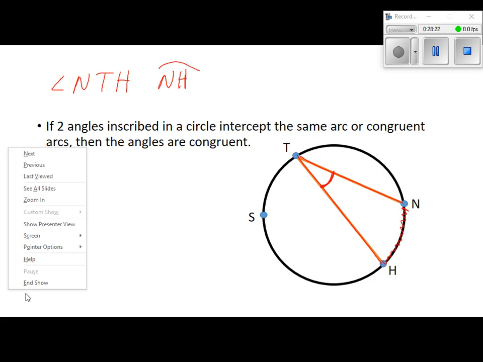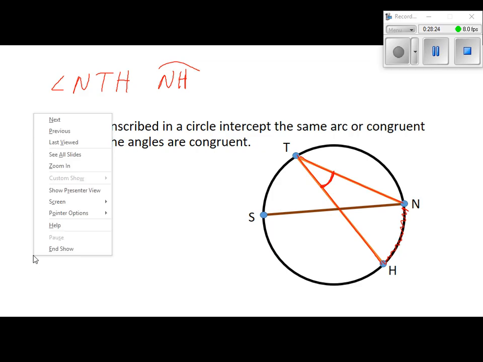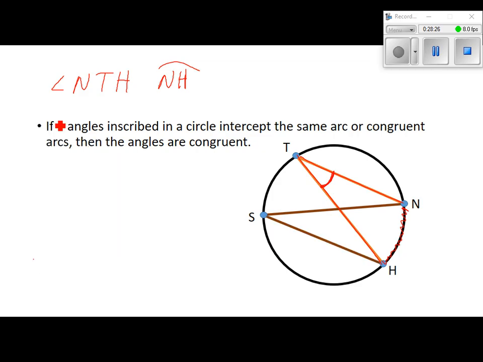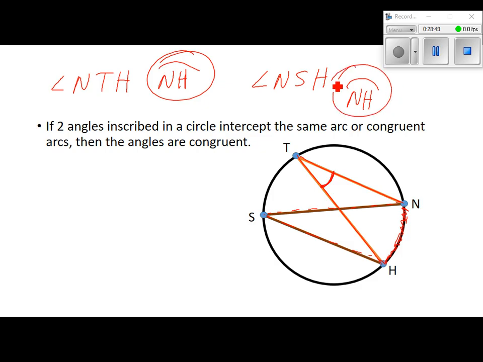And then if I draw another angle, angle NSH, notice the arc that it cuts off is this arc right here, which is arc NH. They cut off the same arc.